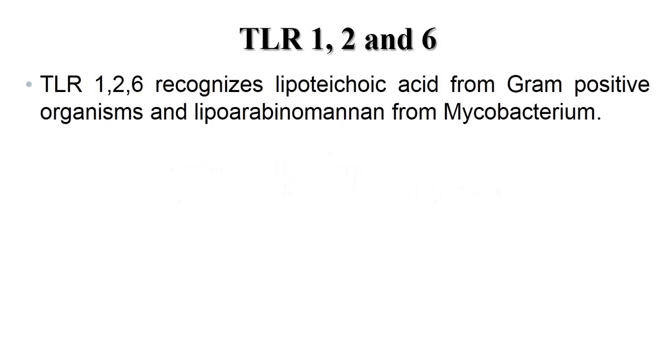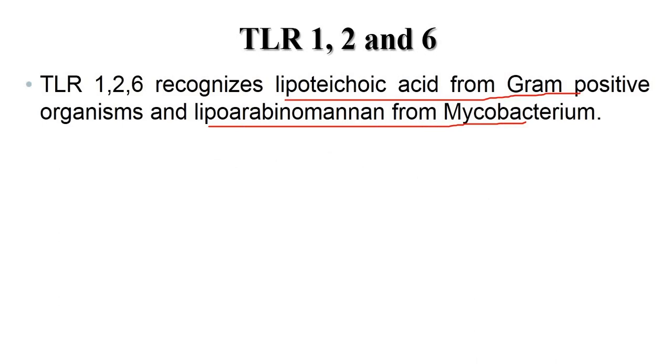The first is TLR 1, 2 and 6. These are theoretical aspects, so I shall be a bit fast. TLR 1, 2 and 6 recognize lipoteichoic acid from gram positive organisms and lipoarabinomannan from mycobacterium.